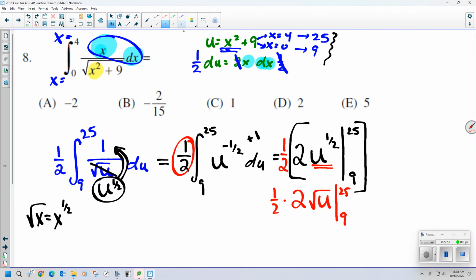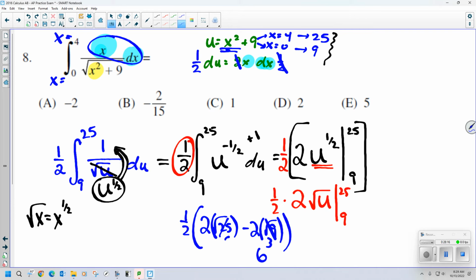So we have 1/2 on the outside times 2 times the square root of 25, minus 2 times the square root of 9. Okay? This is 3. 2 times 3 is 6. This is 5. 2 times 5 is 10. I subtract them. That's 4. We still got to take half of that. We should end up with 2.